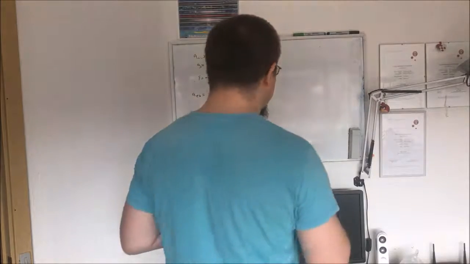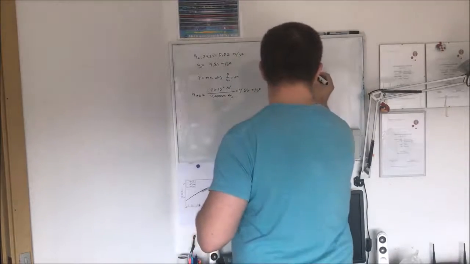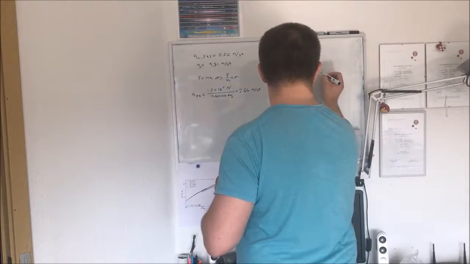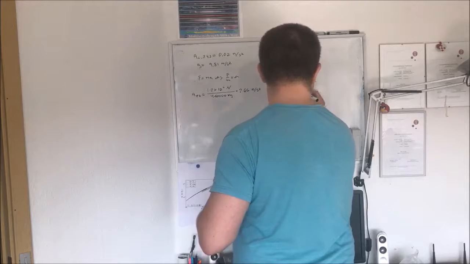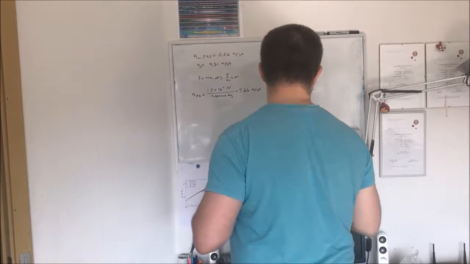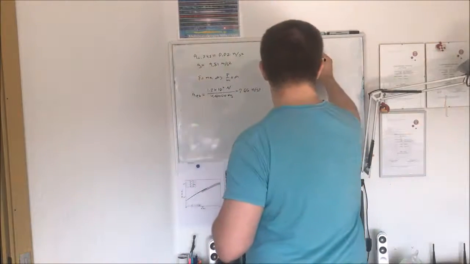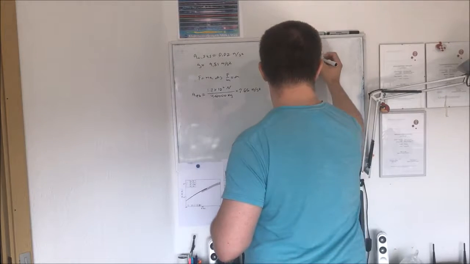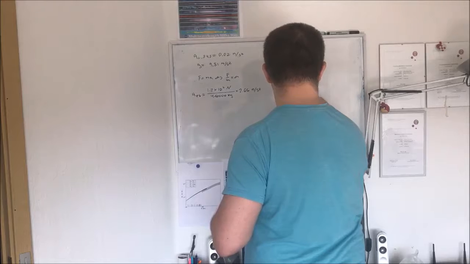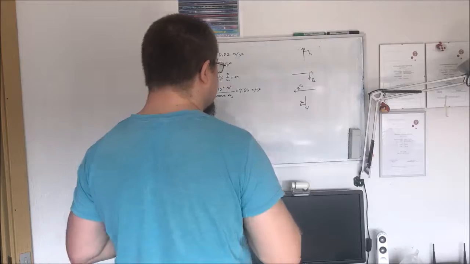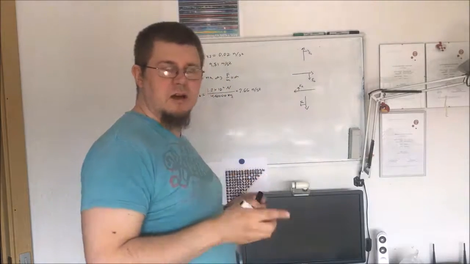That is why an airplane traveling eastwards would feel a Coriolis force in this direction. An airplane traveling westwards would feel a Coriolis force this direction, and also in the north this direction, and to the south this direction. This is the exact opposite if we have a clockwise rotation.